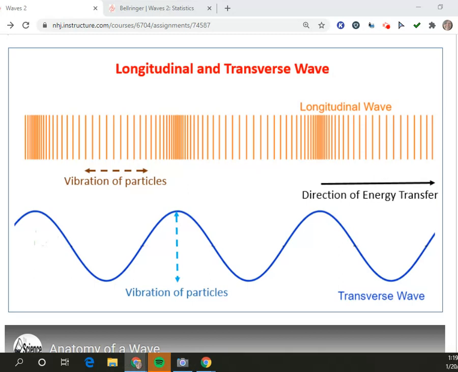All right, if we think about the longitudinal and transverse waves, we're thinking about what is moving. Something is moving with these waves. So a longitudinal wave, let's go back to our camera.